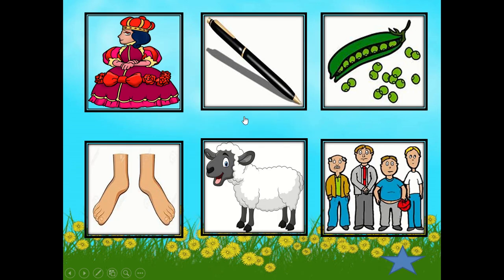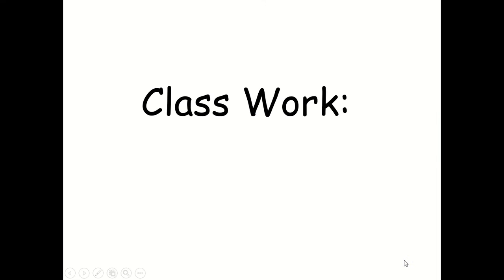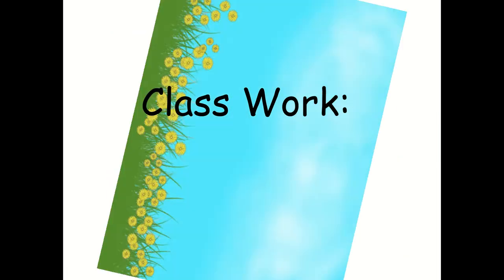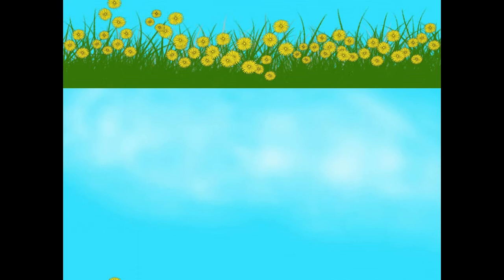Now, what are the words here that have the long sound of the letter E? We have queen, peas, feet, and sheep. Very good, Cages. Now this time, we are going to have classwork.